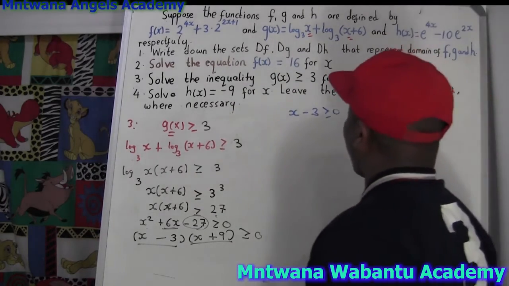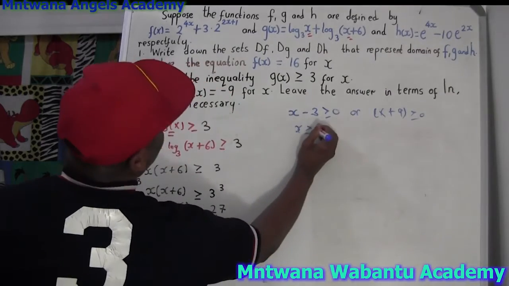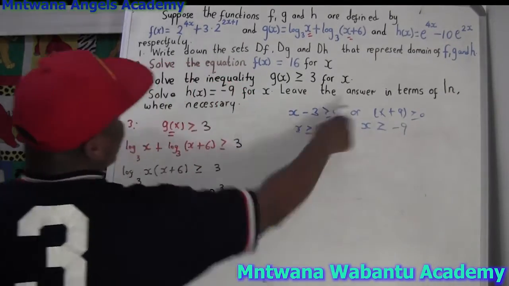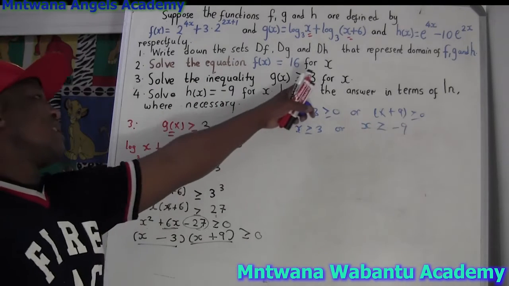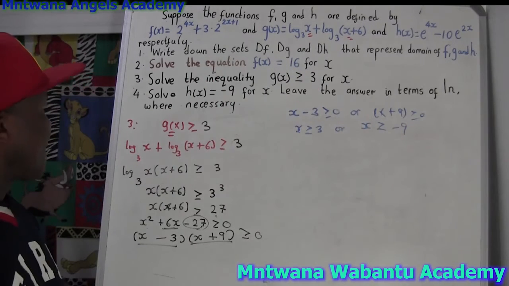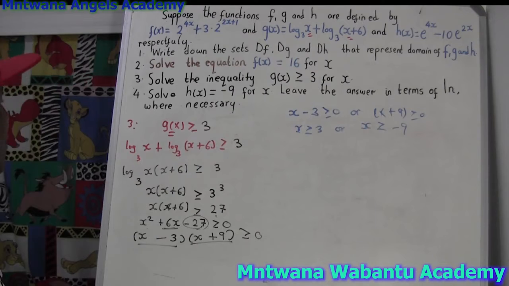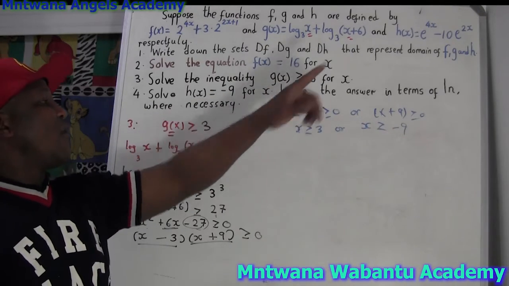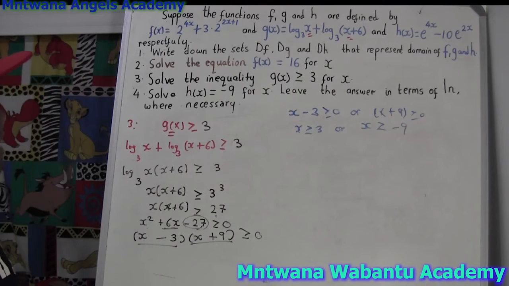So we say x greater or equal to 3 or x greater or equal to negative 9. So these are values of x when g of x is greater than 3. They say solve the inequality of g of x when it's greater than 3 for x.